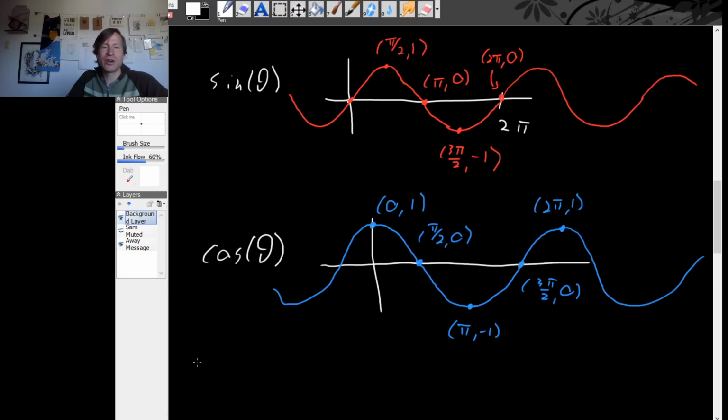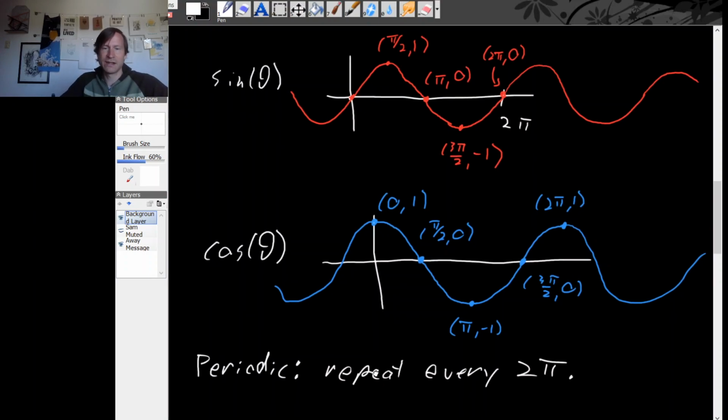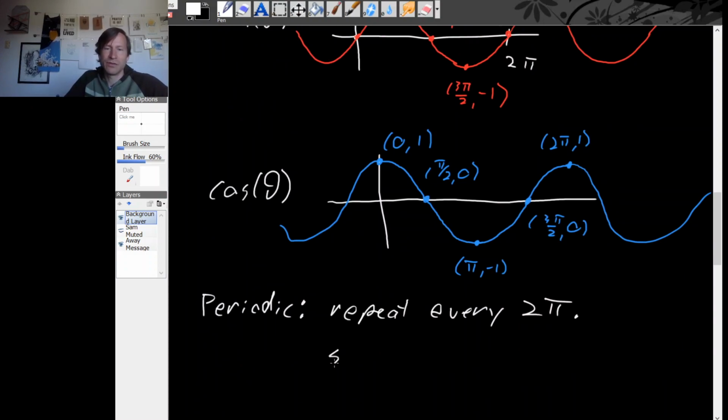So first of all, sine and cosine are both what's called periodic. And that just means they repeat themselves. So both of these repeat every 2 pi. Another way to say that would be that if you take sine of any angle, and you compare that to sine of that angle plus 2 pi, these are the same.